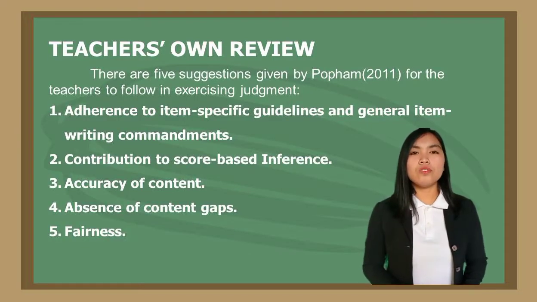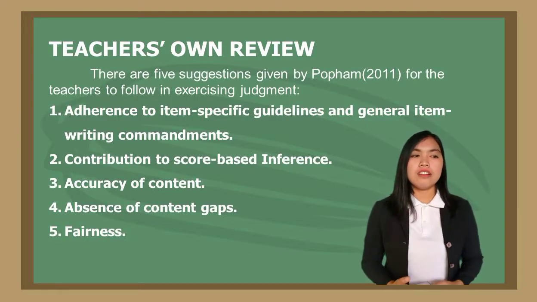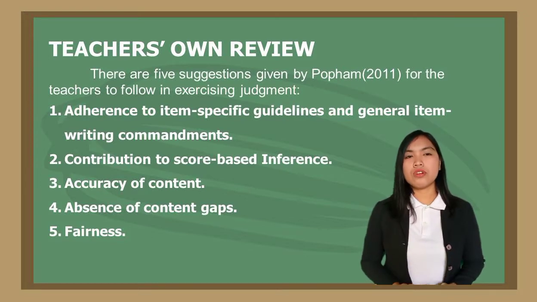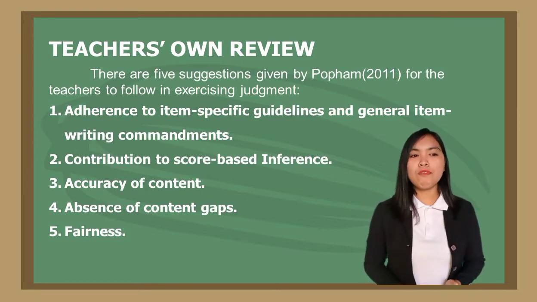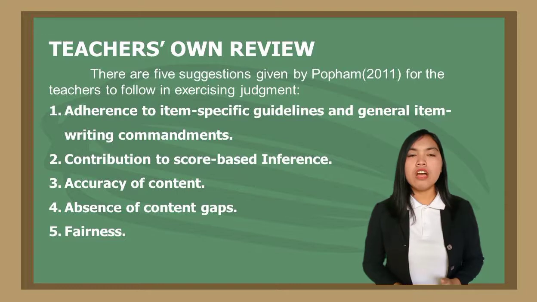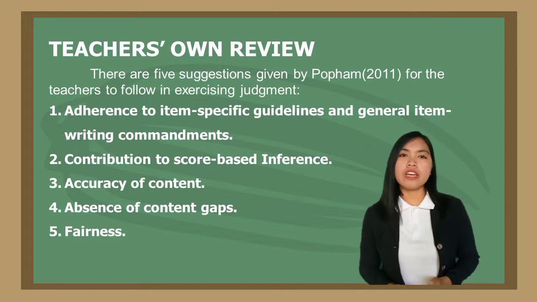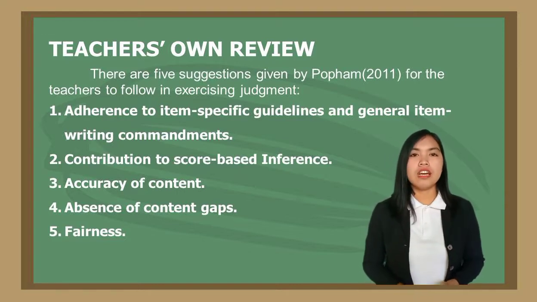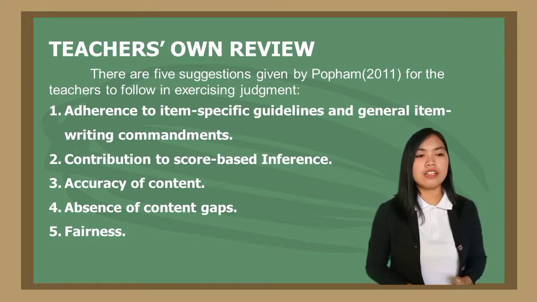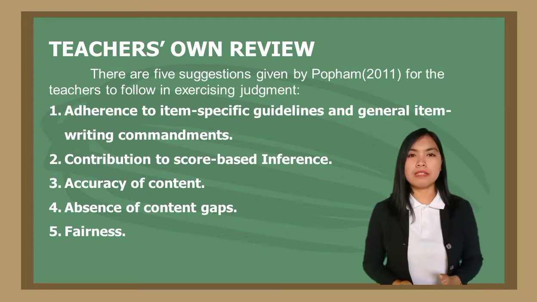So, for the teacher's own review, there are five suggestions given by Popham 2011 for the teachers to follow in exercising judgment. The first one is adhere to item-specific guidelines and general item-writing commandments.